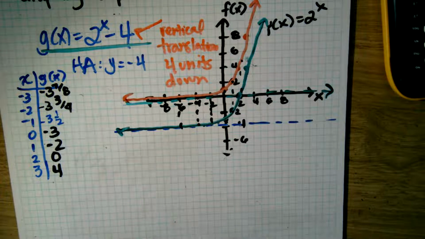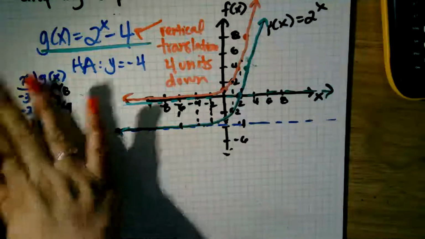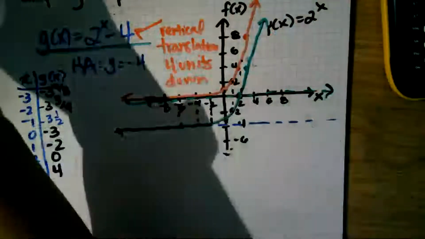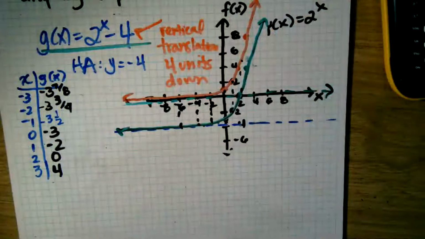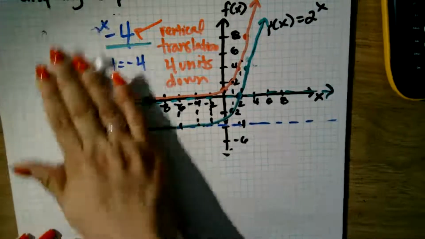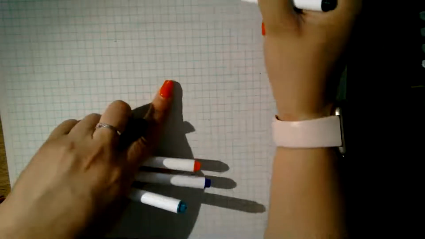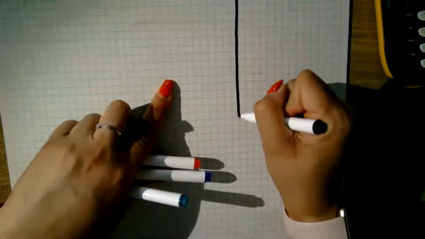I'm going to erase all this and put back my parent function f of x equals 2 to the x, because I'm not done. Remember, you can pause and look at all these videos. Now I'm going to redraw just my parent function.